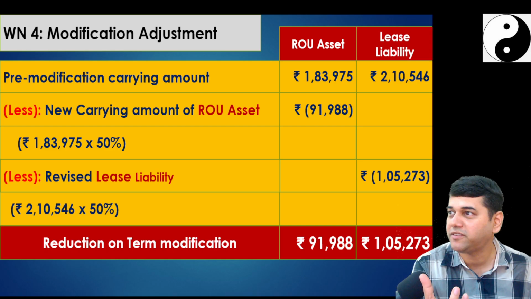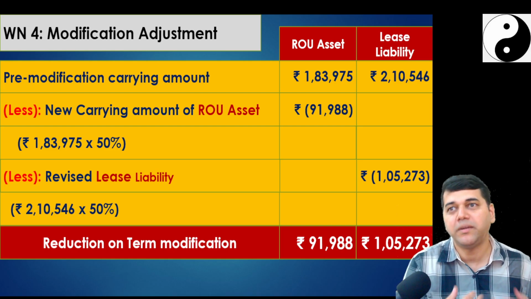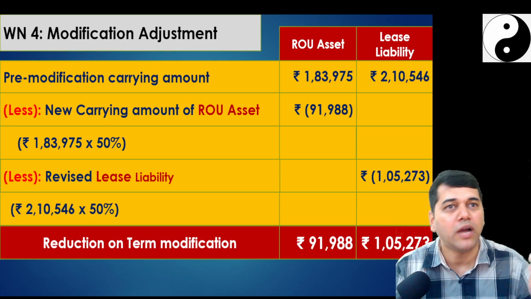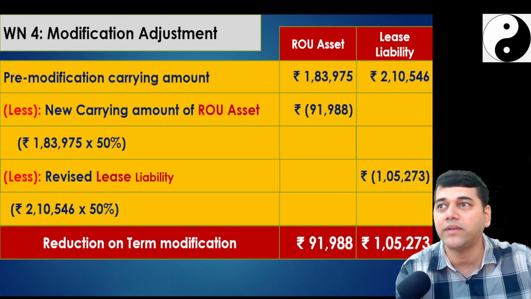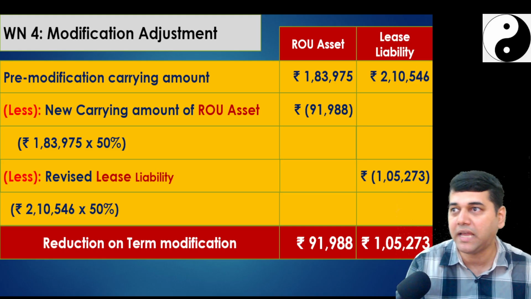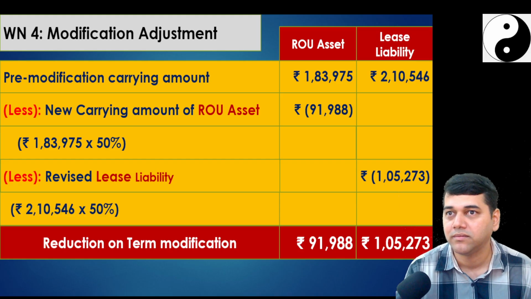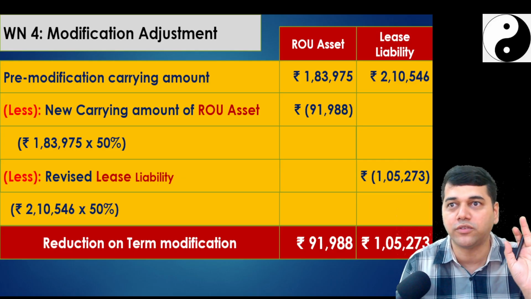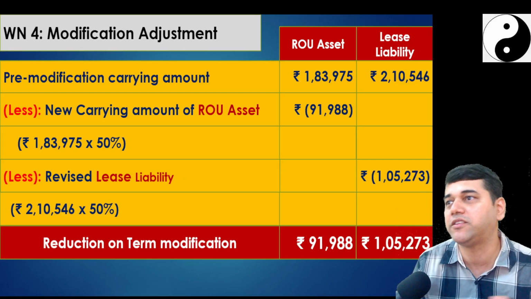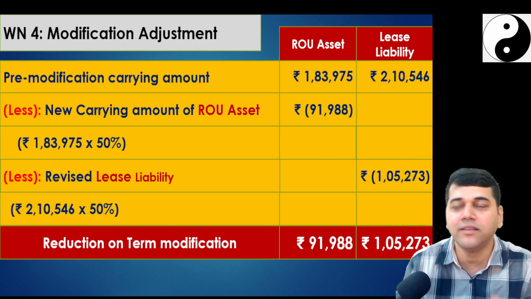What is commercial common sense? Nice word, no? Commercial common sense is, somebody says, okay, I will take your 1,05,000 liability. At the same time, I'll take your 91,000 rupees asset. Am I happy or sad? That means, okay, I've taken a loan from the bank, which is 1,05,000. They say, okay, just pay me 91,000, enough. This is commercial common sense.